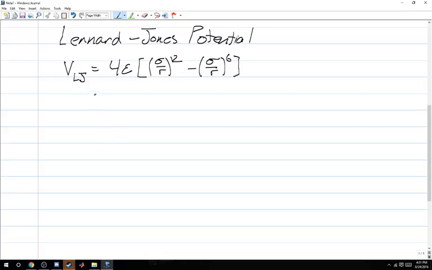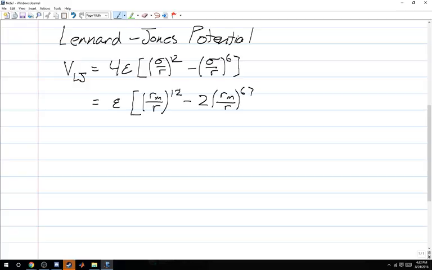And then there is another way to write it that is also very useful, and that is epsilon of Rm over R to the 12 minus 2 Rm over R to the 6th.